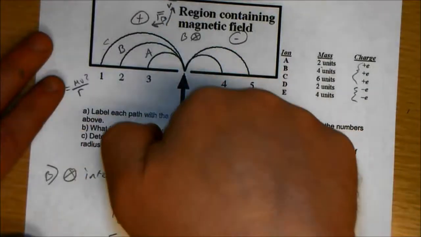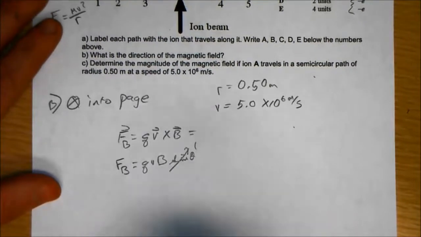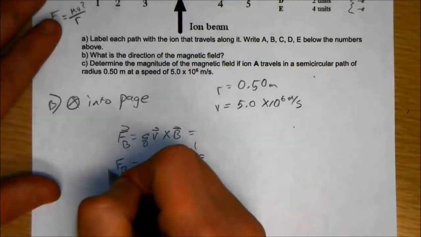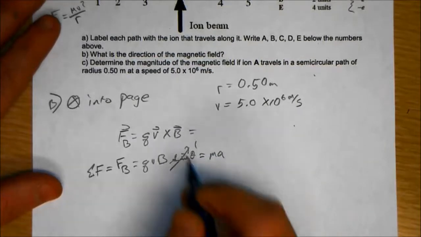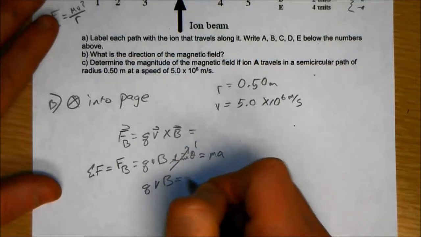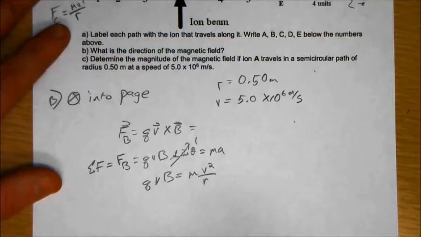Velocity is up. Magnetic field is perpendicular to the paper, into the paper. And we also know this is the only force acting, so this becomes the net force, which then equals MA. So QVB equals mass times acceleration, but the acceleration here is the centripetal acceleration, so it's v squared over r.